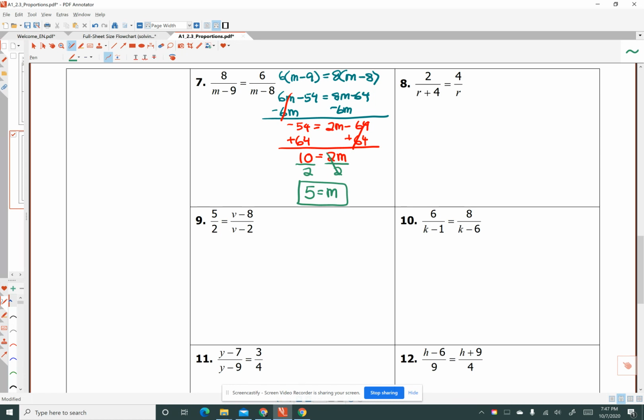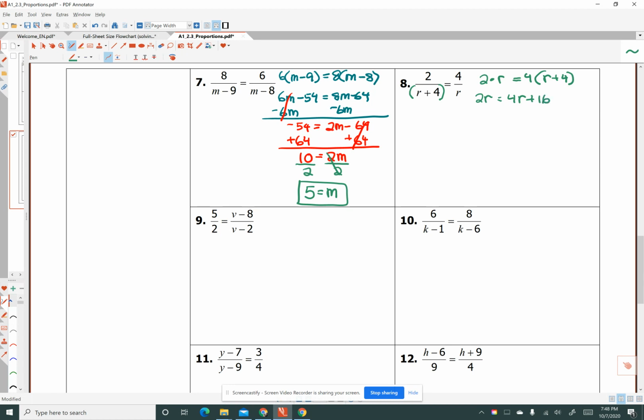Now, you've got r in both denominators, a variable in both denominators. So I'm going to group the r plus 4 just for clarity. So first I have 2 times r equals 4 times the quantity of r plus 4. So 2 times r is 2r equals 4 times r is 4r. 4 times 4, positive 4, is 16.